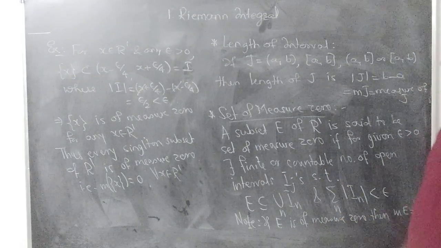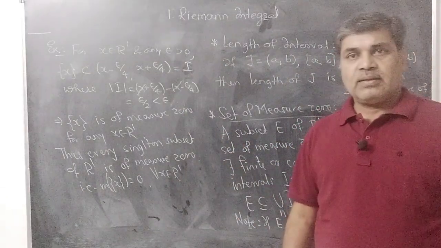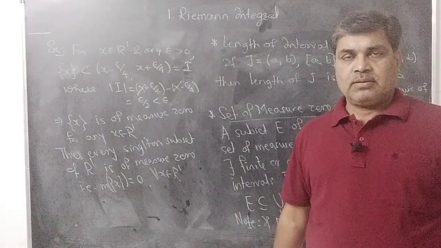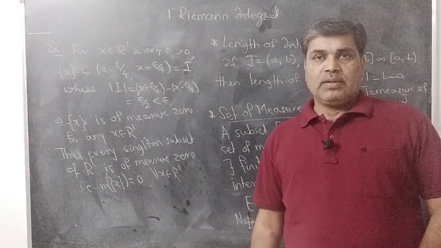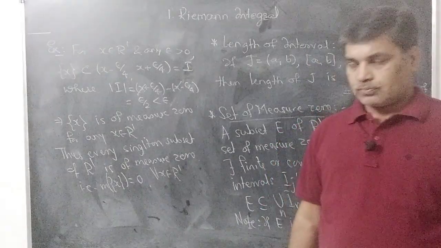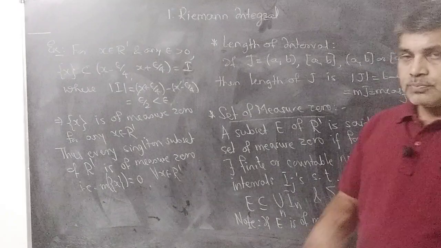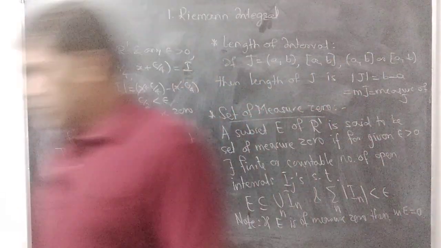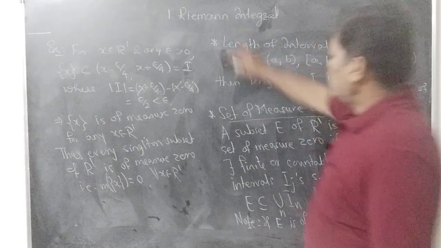Now we can extend this to finite sets, then countable sets. We are going to prove that every finite subset of R1 is also of measure 0, and then that every countable subset of R1 is also of measure 0. So, next example.